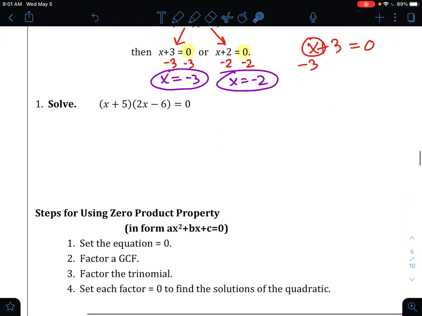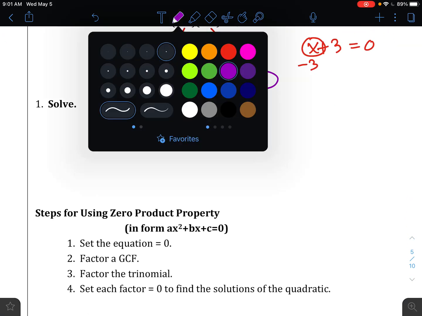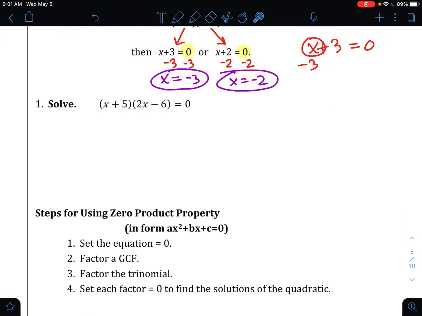All right, let's do that first example here. Let's apply that. So I've got x plus 5 times 2x minus 6 equals 0. The key here is I must have a 0 right here, which I do. So here's what I'm going to do. I'm going to set x plus 5 equal to 0. And I'm also going to set 2x minus 6 equals 0.